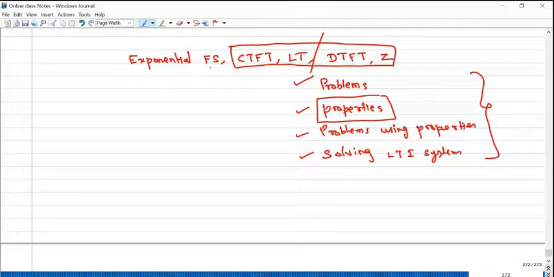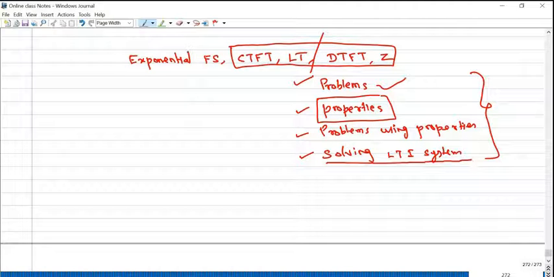For exponential Fourier series the properties are also available, but most of the time you don't have problems using properties of exponential Fourier series. But for CTFT, LT, DTFT and Z transform, more problems are there. Basic problems are also there, and using properties we will be solving some problems. And finally, systems with differential equations. So this is the format.